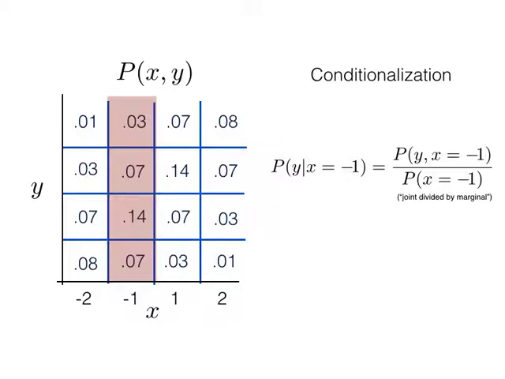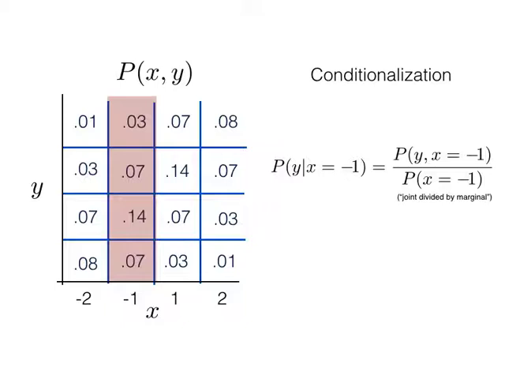In order to figure that out, I have to take the joint probability of y and x equals -1 and divide it by the probability of x equaling -1. Sorry, let me say that one more time. I don't think it was clear. The probability of x equaling -1 is all these guys added up, right?